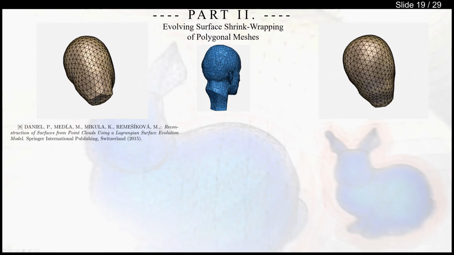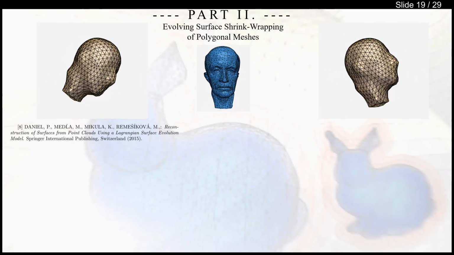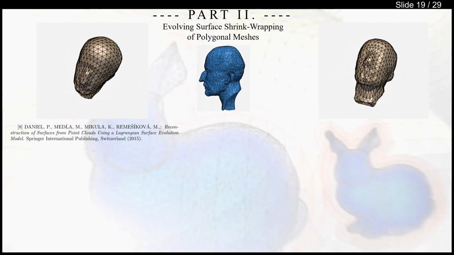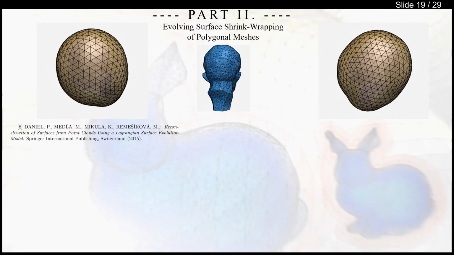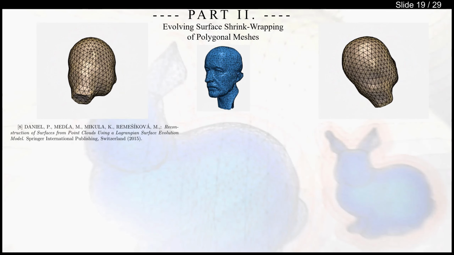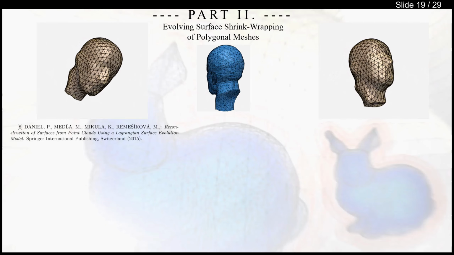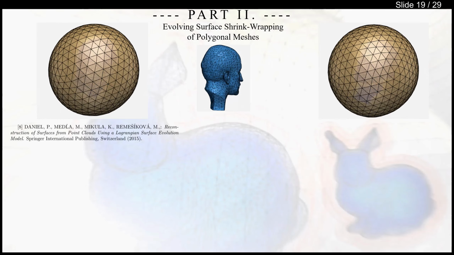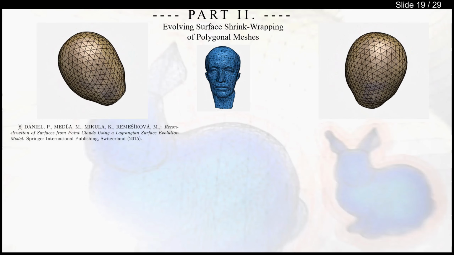Although originally used by the math department at the Faculty of Civil Engineering in Bratislava for 3D image segmentation, my colleagues later used the shrink wrapping evolution techniques for constructing mesh geometries from point cloud data.